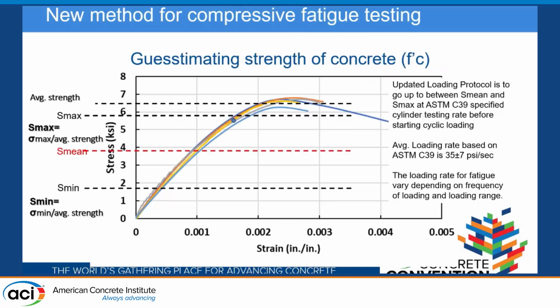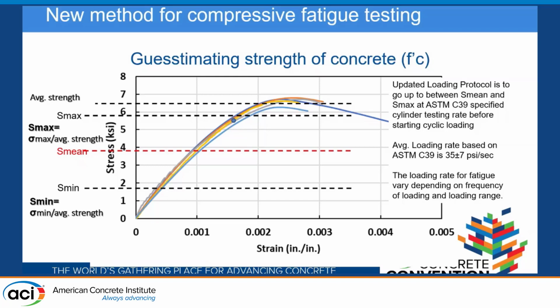So we are suggesting to guesstimate the strength. We do 5 standard monotonic tests, and we find the average strength. Based on that, we define the S-max. We load up to S-max with the standard rate of loading for a monotonic test, which is 35 psi per second.